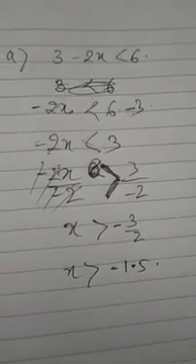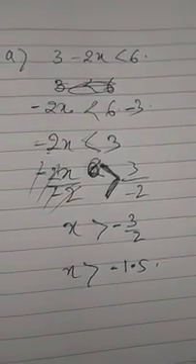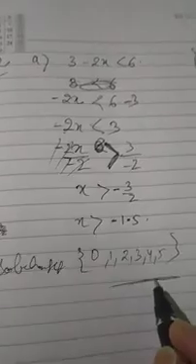Now you have to take all the values from the replacement set which are greater than -1.5. Greater than -1.5 will be what? Tell me. Greater than -1.5 is 0 also, 1 also, 2, 3, 4, 5, all. All the positive numbers are of course greater than the negative number, no? So 1, 2, 3, 4, 5, all. This is the solution set.